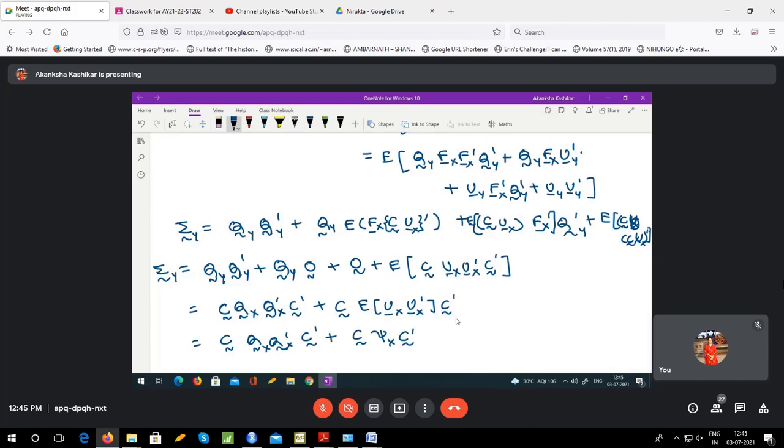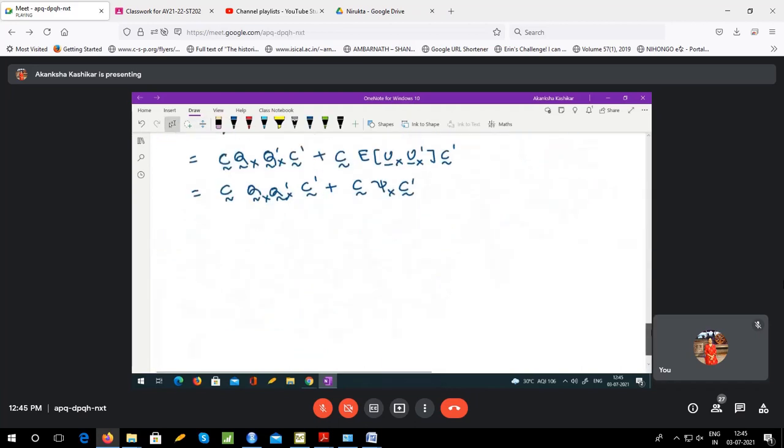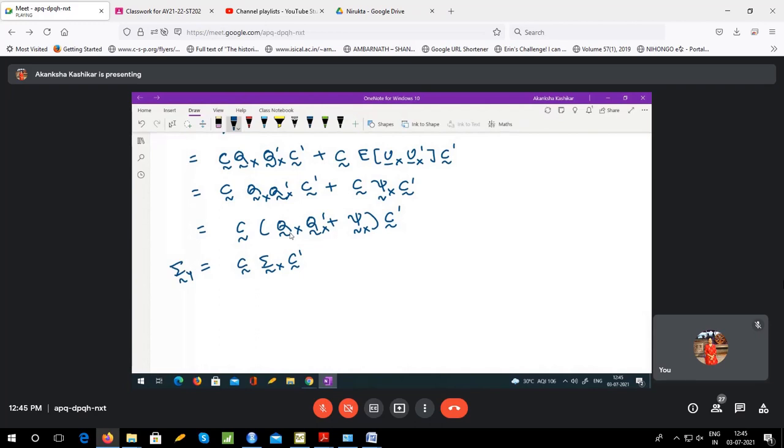Expectation of ux prime is variance of u, and variance of u we know is psi. So this is c qx prime plus psi c prime, and we know qx prime plus psi is nothing but sigma x. Of course we knew this because y is cx, so sigma y would be this.